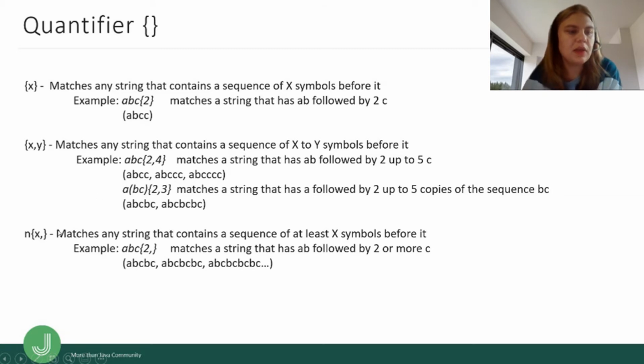And one more, we can put just the lowest number, and as we don't have the highest number, it will be like infinity. For example, we should have here A, B, C, C, and some more C's.